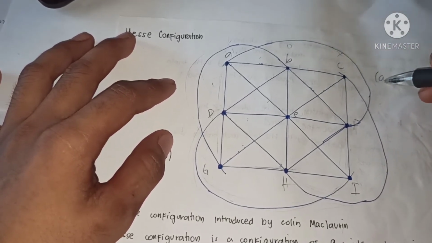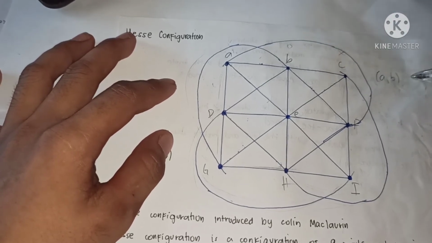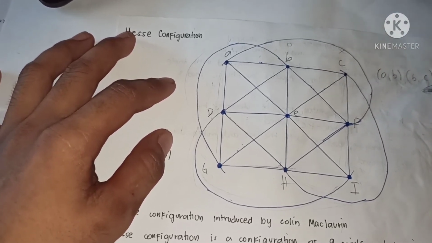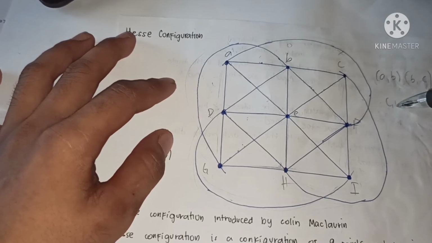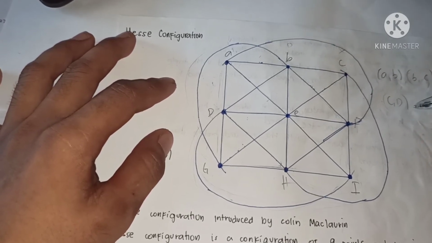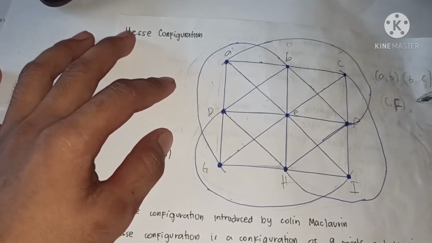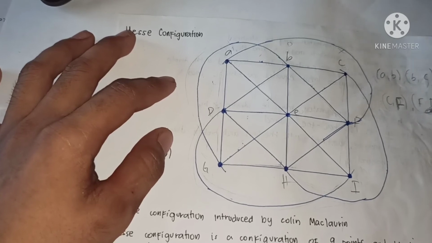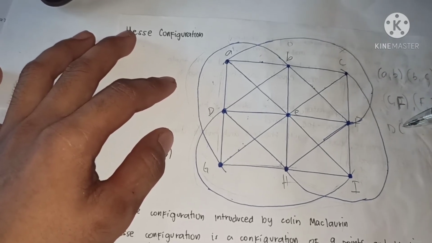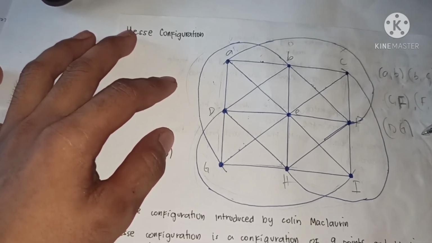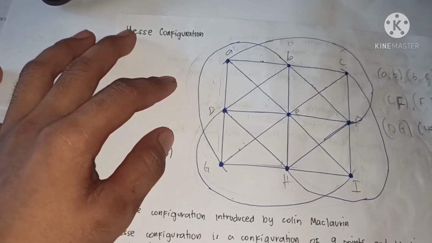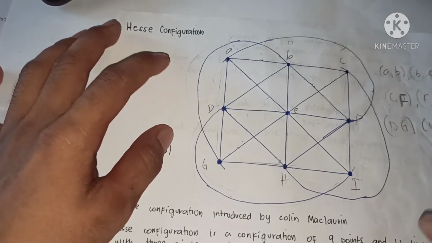Let's say we have points A, B, C, D, E, F, G, H, I. The ordered pairs are A, B; B, C; C, D; F, I; D, G; H, I; and so on.